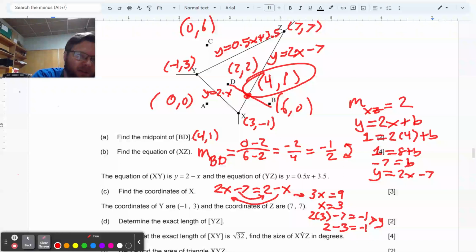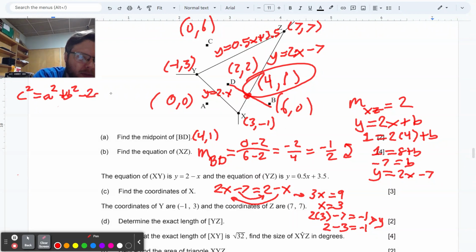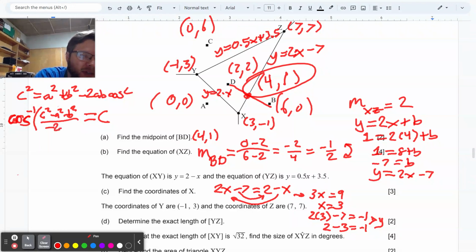The law of cosines says c squared equals a squared plus b squared minus 2ab cosine C. In other words, the angle C is going to be the inverse cosine of c squared minus a squared minus b squared over negative 2ab.